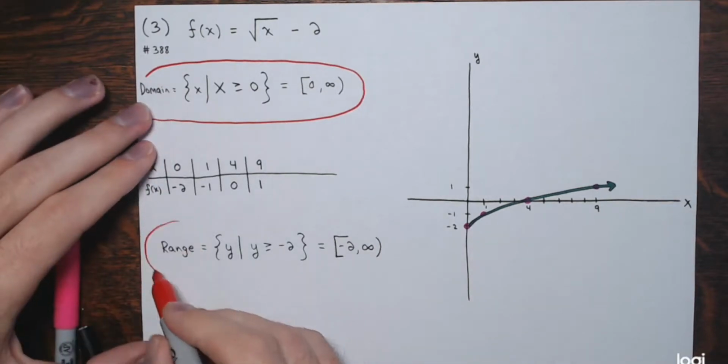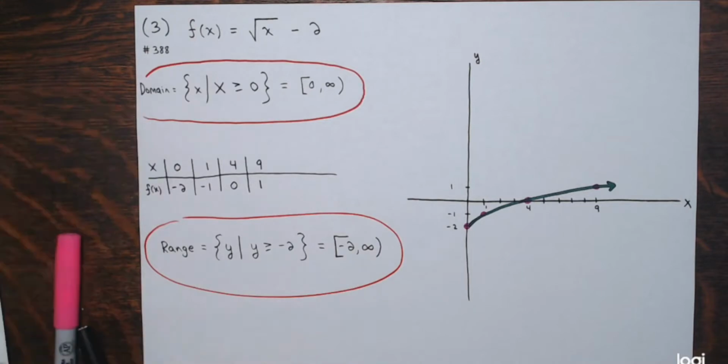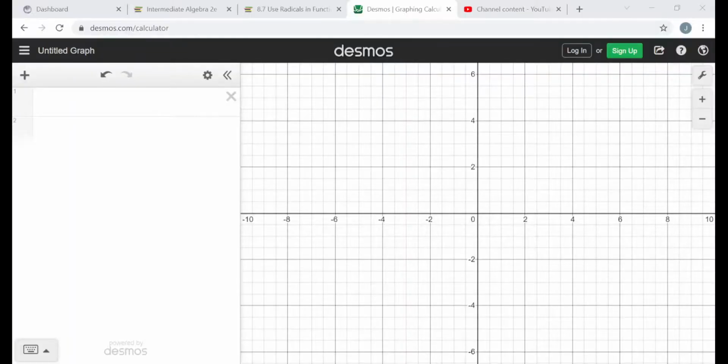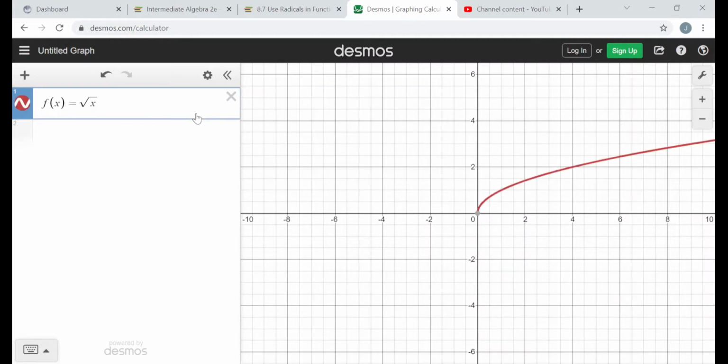And there's your range. Then again, just to test it out, let's punch this in my graphing calculator, the Desmos site. I'll just punch it in as it looked, f of x equals the square root of x, and then get out of there, and then put the minus 2. Don't put the minus 2 inside the square root of x, it's outside.